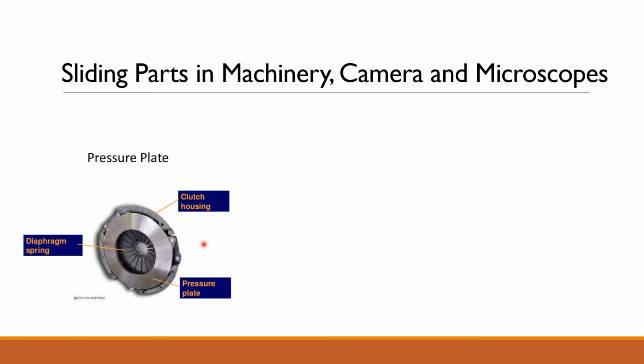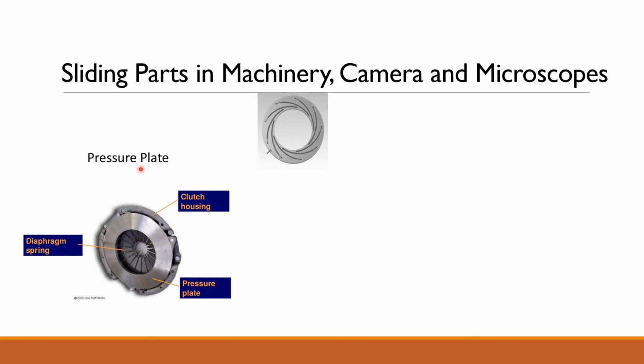So when the clutch is pressed or used, the disc that you can see is squeezed between the flywheel and the pressure plate. This pressure plate basically works like a spring, and it helps in the transmission of power. So this is in machinery.